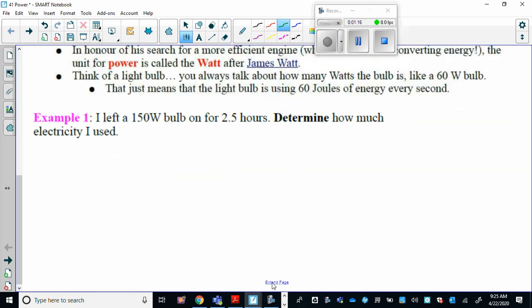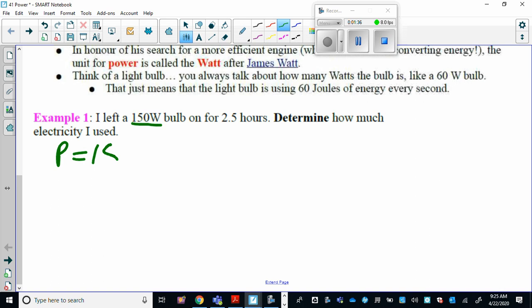And here's your classic example. I left a 150-watt bulb on for 2.5 hours to determine how much electricity I used. So what are they asking for in that question? They give you 150 watts is the power.